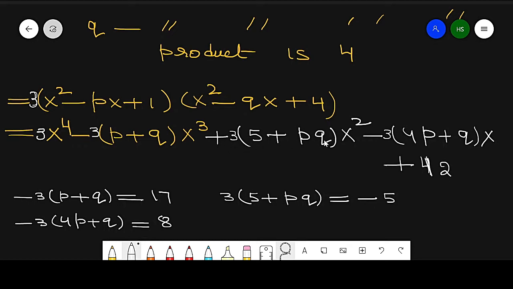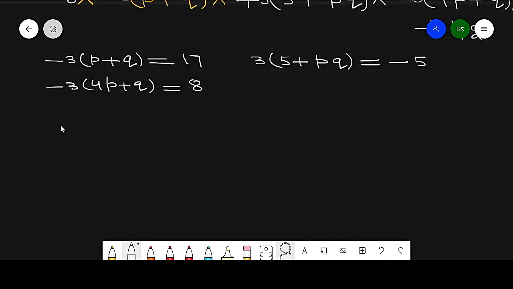From this we can find the value of p + q, which is equal to -17/3.